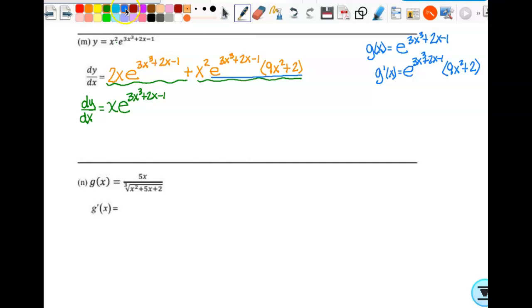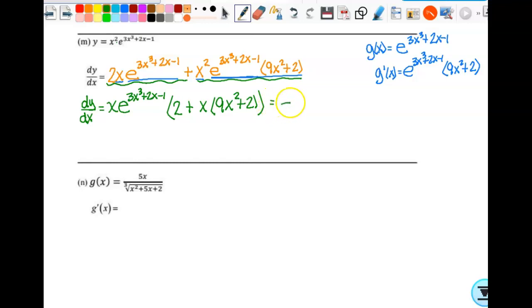So when I divide that out, I would get rid of the x and this part, one of these x's and this part. So what that leaves me with, this first term, I just have a 2 left. We agree with that? Plus x times 9x squared plus 2. Then we can distribute the x.